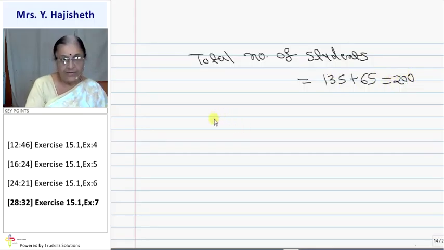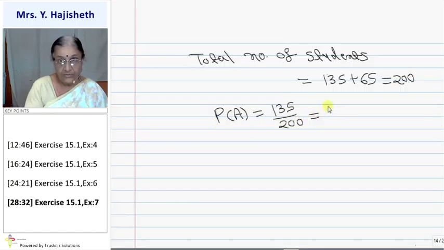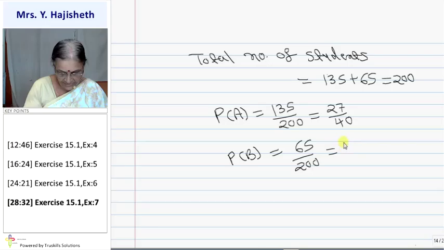And students who like the subject are how many? 135. So P(A) is 135 by 200, so it is 27 by 40. And P(B), those who dislike the subject, are how many? 65. So my probability is 13 by 40. Clear?